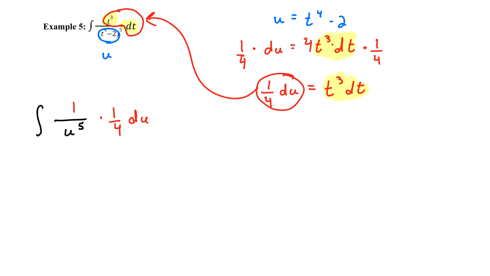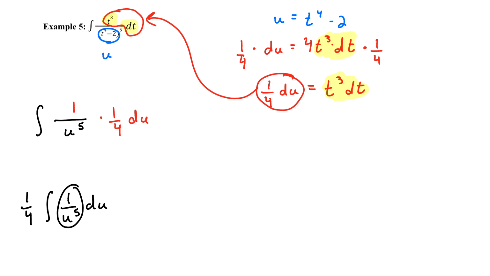So what do we have left to do at this point? Well, we need to take this 1/4 and factor that to the front. So 1/4 times the indefinite integral of 1 over u to the 5th power times du. And now if I look at this, I can't integrate 1 over u to the 5th.